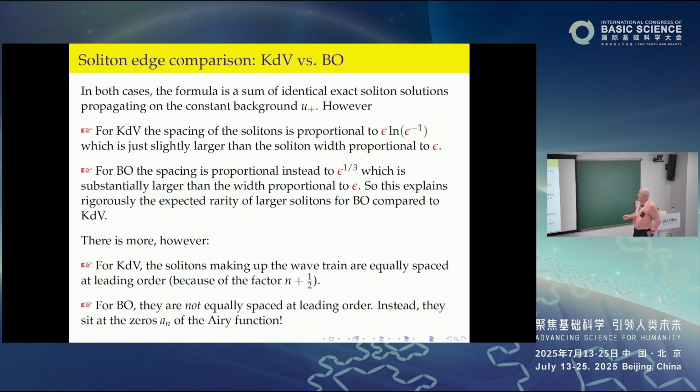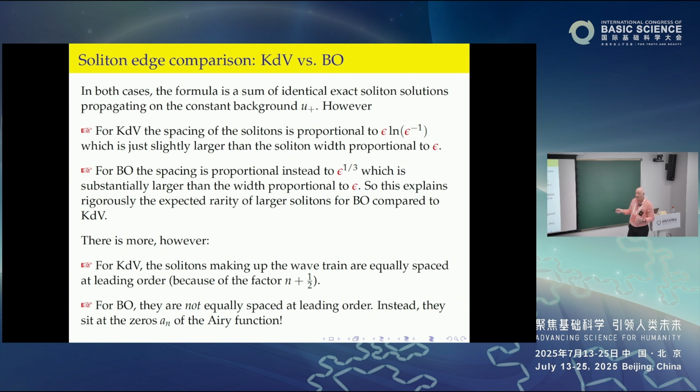All right. So what if we compare these formulas? In both cases, the formula is a sum of identical exact soliton solutions that are propagating on this constant background u plus. But there are a couple of differences. In KdV, the spacing of the solitons has this log in it. So it's proportional to epsilon log 1 over epsilon. And that's only a hair bigger than the actual width of the solitons themselves, proportional to epsilon, okay?